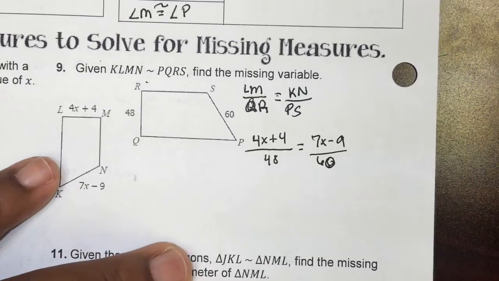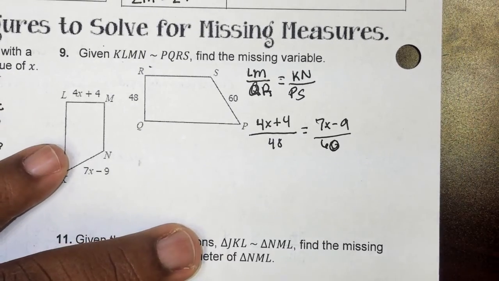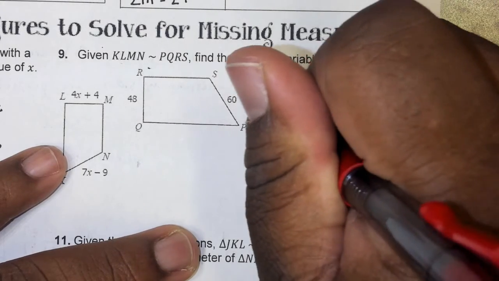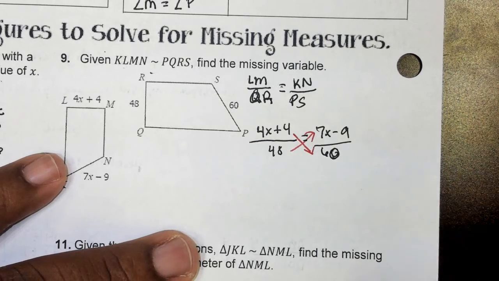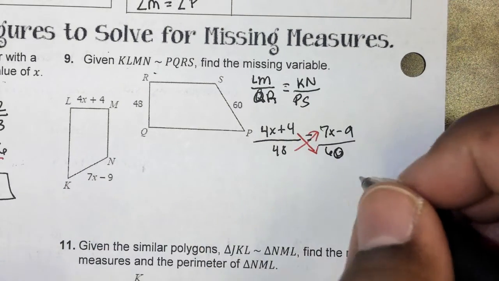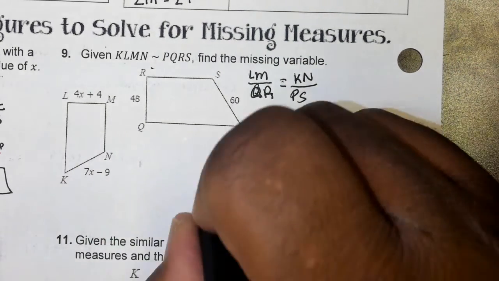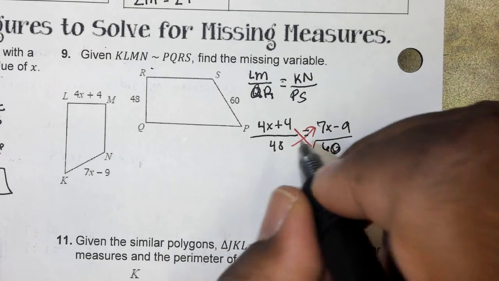And then from there, you need to cross multiply. This one is a little bit more involved because it has expressions in it. I would rewrite this before I try to distribute, to make sure I'm looking at it correctly.